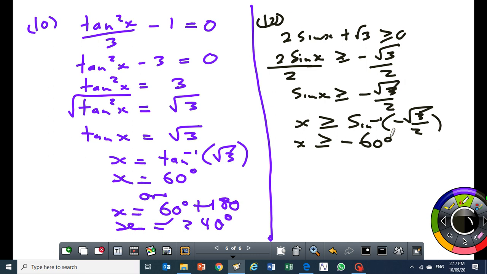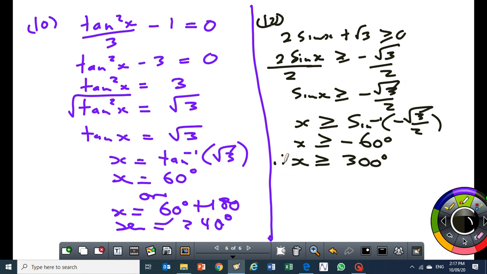So we need to convert this minus 60 degrees to a positive angle. To do that, we just add 360 to it. So x is going to be greater than or equal to minus 60 plus 360, you get 300 degrees. So I'll say therefore.